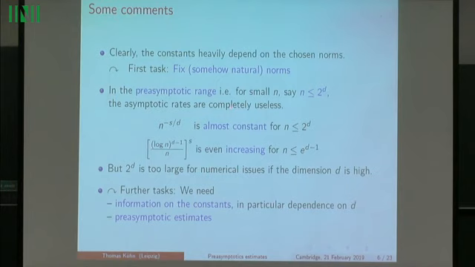Look at n to the minus S over d. I mean, it's clear if d is increasing, the rate is deteriorating more and more. But in this range, plug in n is 2 to the d, then this is a constant. Then it is 2 to the minus S. So this rate is, in that range, almost a constant. And in the dominating mix case, it's even worse.